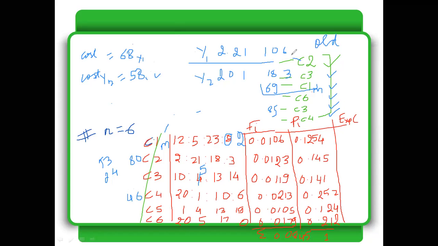I'll just take another color and erase this. So C2 is getting replaced by y2.